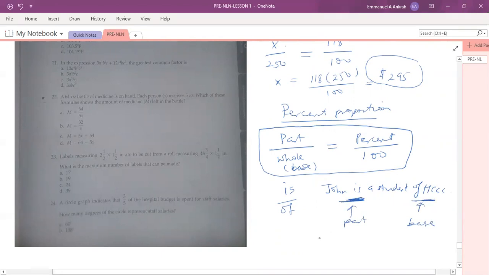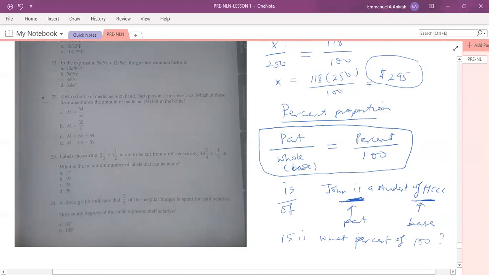Let's say 15 is what percent of, let's say, 100. Like this.